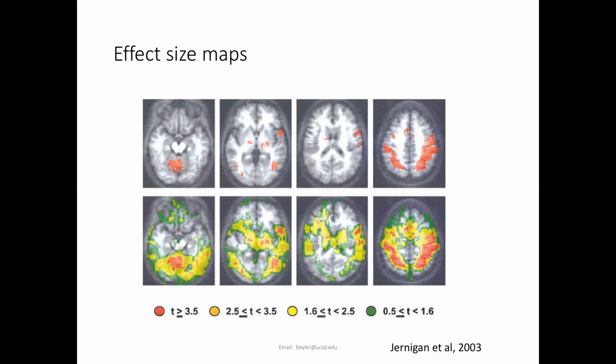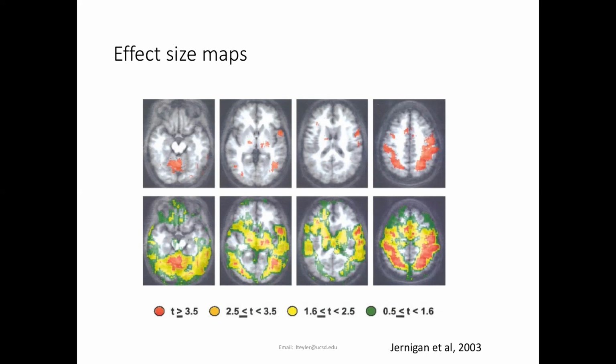But it's also important to remember that right underneath those peaks is the bottom part of the mountain. The peak is not just floating up there with nothing right next to it. The mountain may be steeper or wider, but there's going to be a gradual slope, and all those voxels are really close to being significantly activated, but they just didn't quite make it.